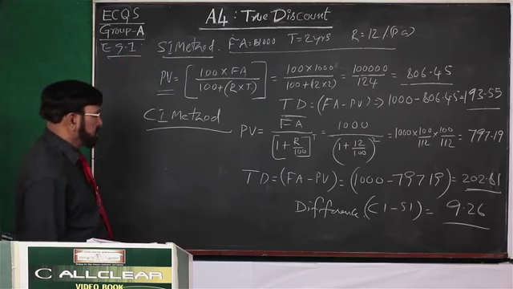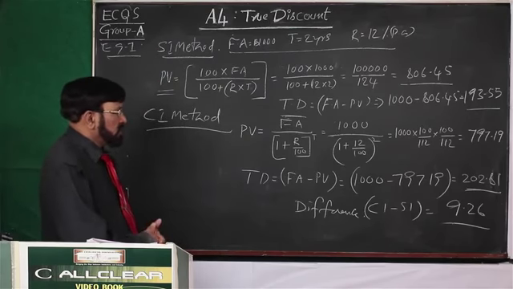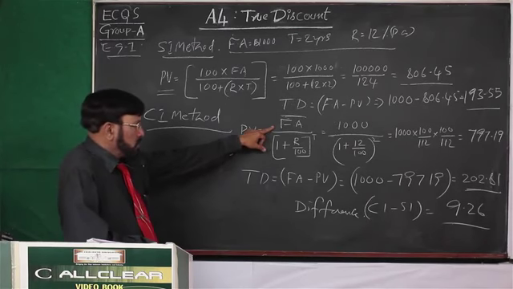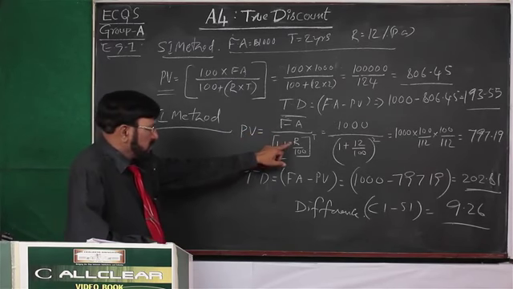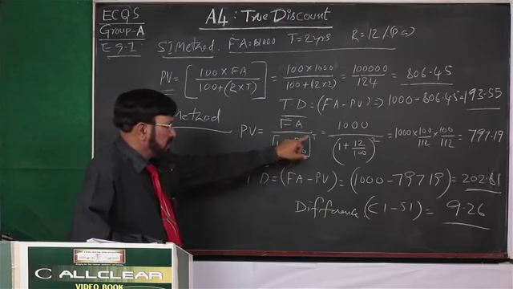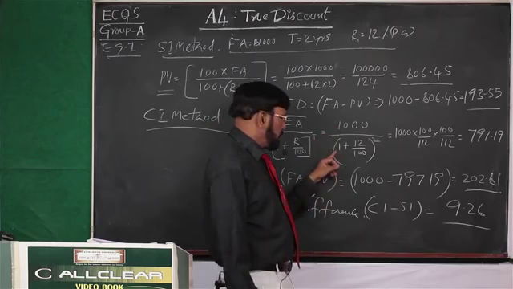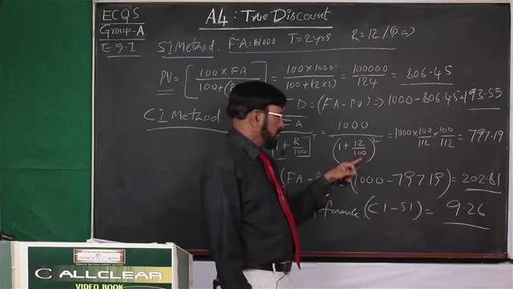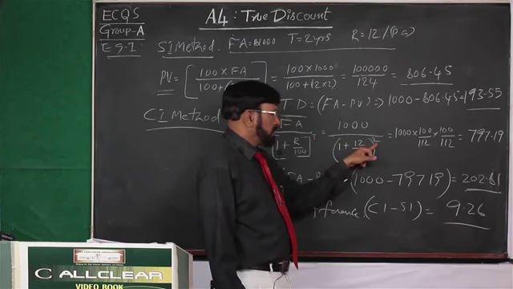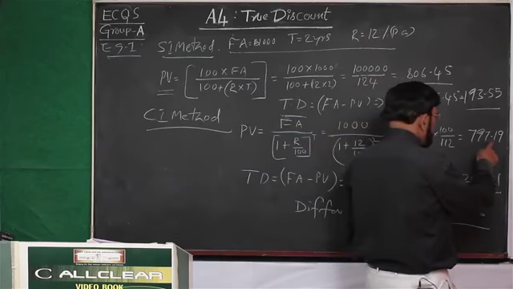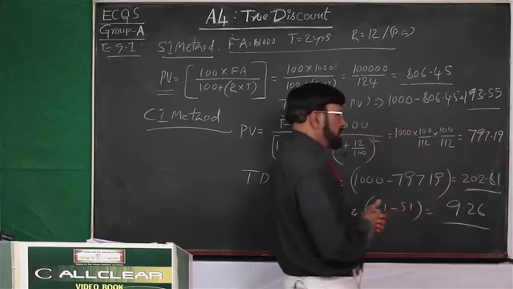And now let us consider the compound interest calculation method. PV is equal to future value by 1 plus R by 100 to the power of t. Now the future amount is 1000, 1 plus rate by 100, time 2, t square, then 797.19 paise.